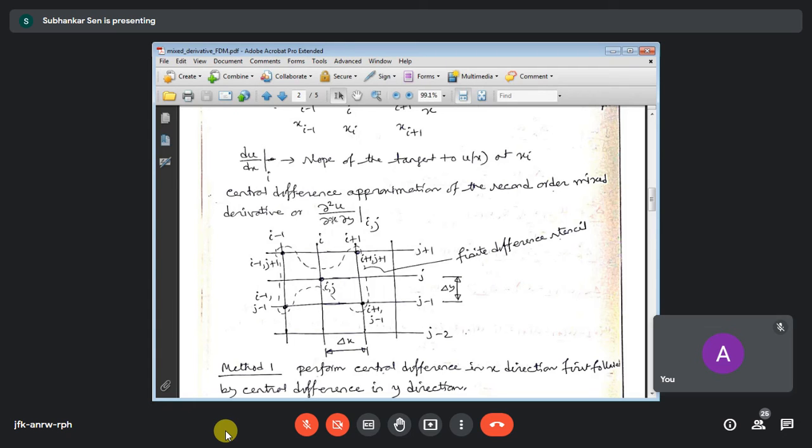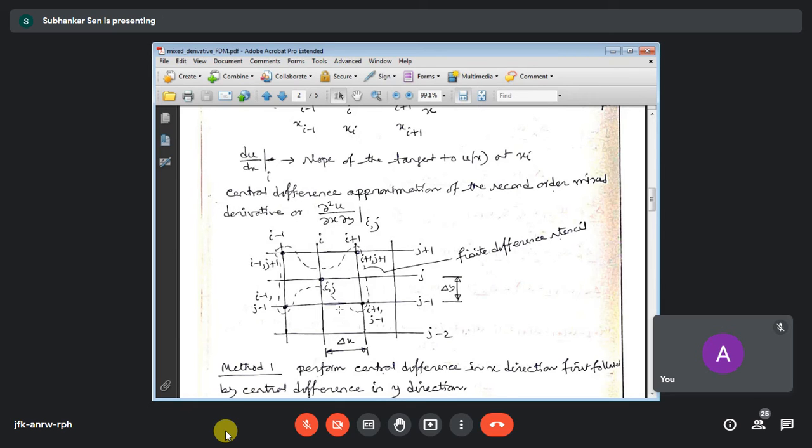For plain derivatives, for a derivative in a single independent variable, we need only the straight neighbors that are directly orthogonal. So you are using this point, this point, and this point.